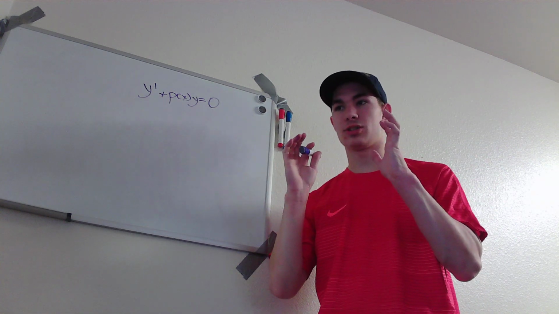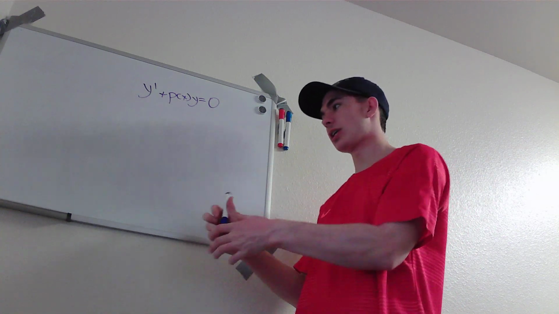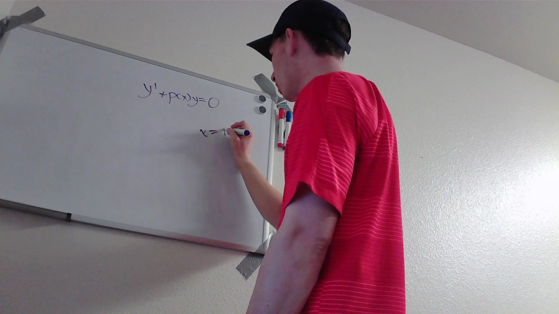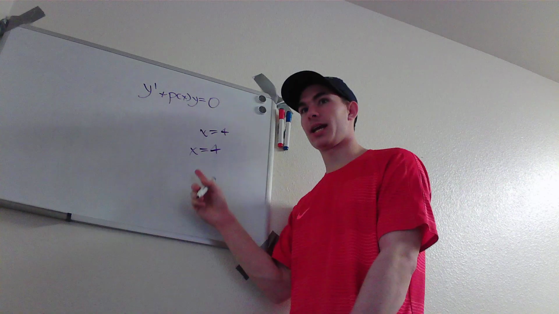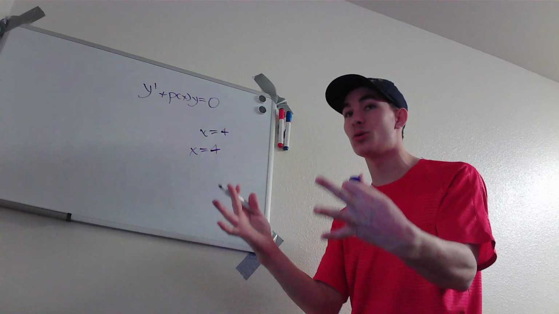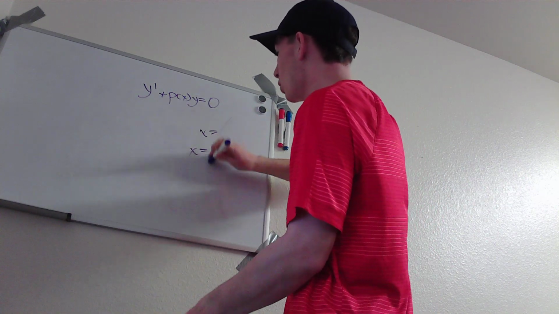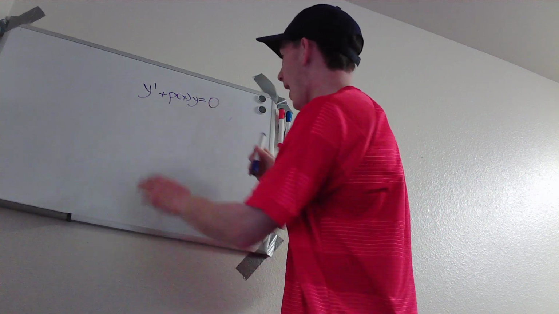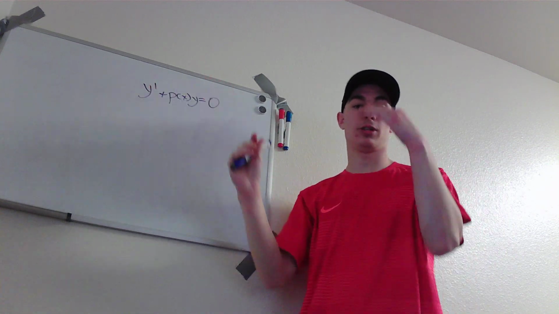It's just like checking a solution when you're given x. So you're given the solution where x equals 4, you plug x in, and you say 4 equals 4, and you're like, wow, that's so simple. That is how you solve a differential equation if you are given y.